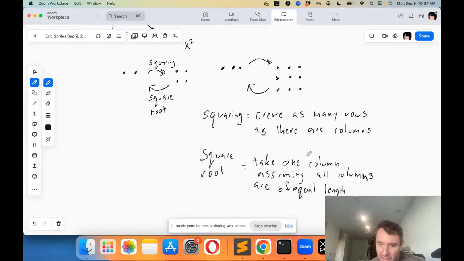Or no, sorry, take one column, that's supposed to be rows. That should be rows. One row. Yeah. So that's the idea, right?